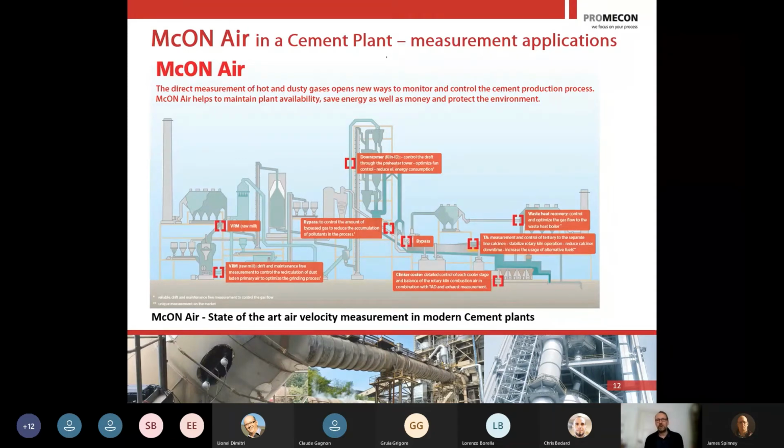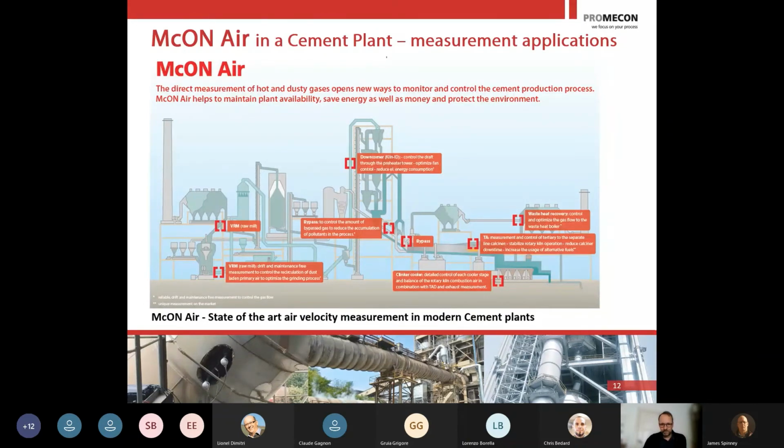These are the most common applications we find, but there are a lot of other applications possible, and we have installed them by now, which are or could be of interest for you as a cement plant.